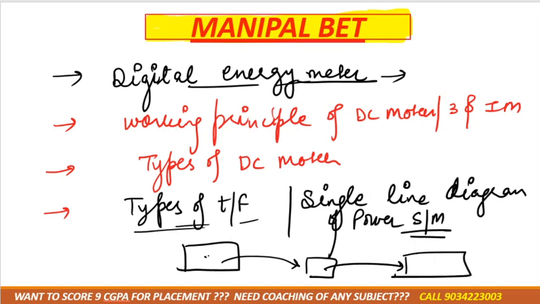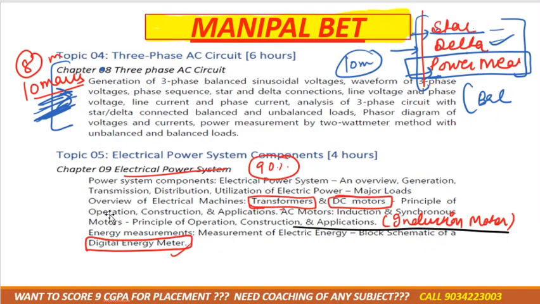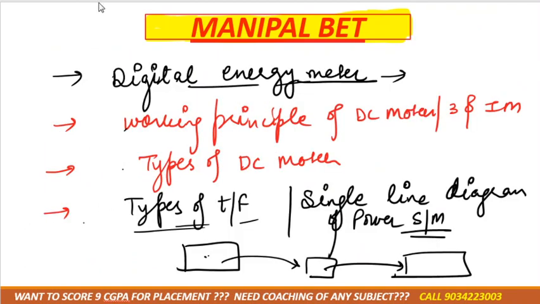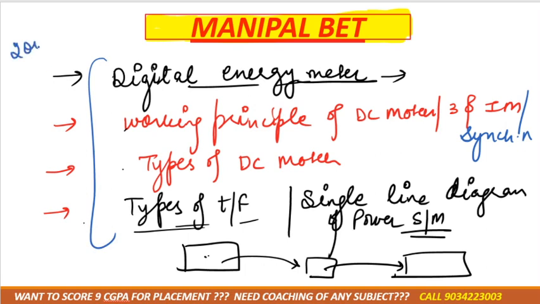So types of transformer, one, two, three, four. Or the last question they'll give you is based on synchronous motors. Okay, so write down here only three-phase induction motor or synchronous motor. So in these four questions, two questions will definitely come. Okay.